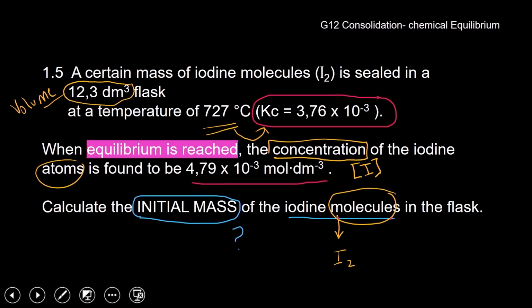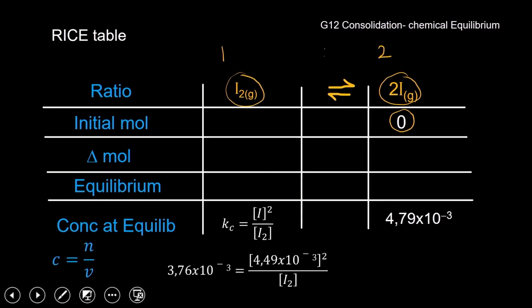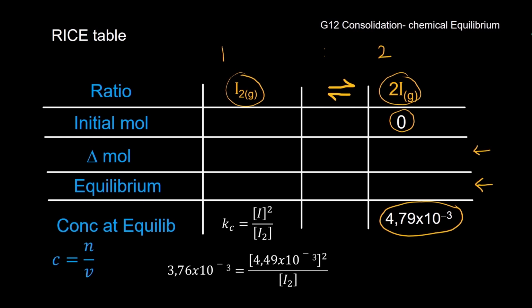So that is concentration. So I can't fill anything into these two rows for now, but I can fill in the concentration of the iodine atoms at equilibrium.